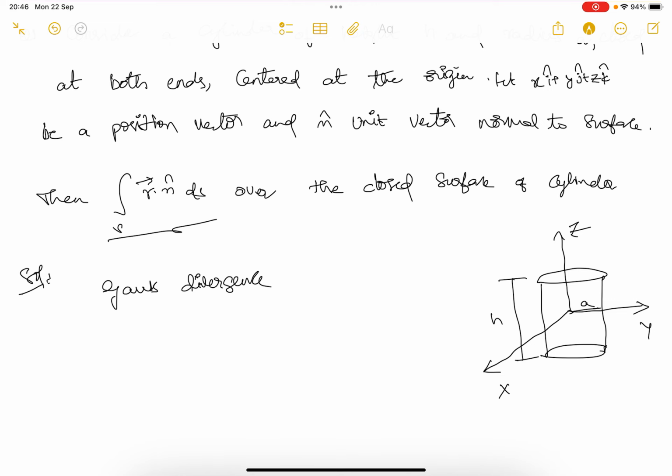The Gauss divergence theorem states that the surface integral of r bar dot n cap ds is the volume integral of del bar dot r bar dv.